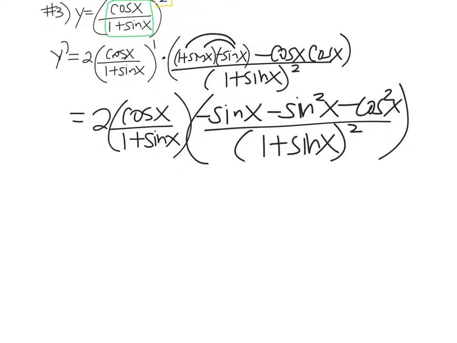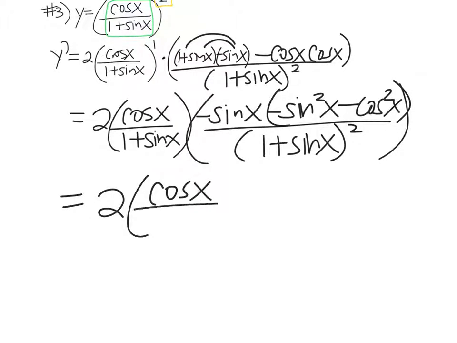You can pull out a negative 1 from those, like negative sine squared x minus cosine squared x equals negative 1. Wow, and then you have a negative 1 up top. Wow, there's a lot to go. Here we go. 2 times cosine x over 1 plus sine x. Up top, this equals negative 1, this whole thing.